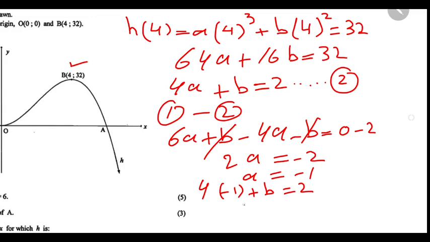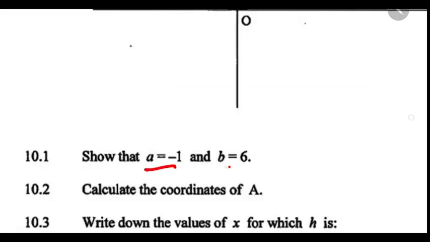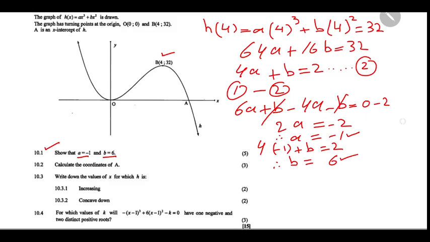Now I solve here, so b is going to be positive 2, and this is negative 4; when I switch over, it becomes positive, so the answer is 6. So there we prove a value negative 1 and b value positive 6. Show that a is equal to negative 1 and b is equal to 6. This is my final answer: a is equal to -1, b is equal to 6.